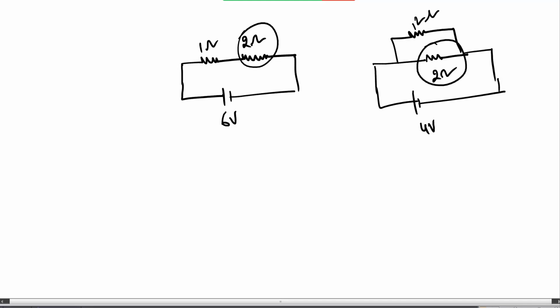The 2 ohm resistor connected in parallel has less power than the 2 ohm resistor which is connected in series. Okay, so what is that value? For the 2 ohm resistor in parallel, I got 8 watt.